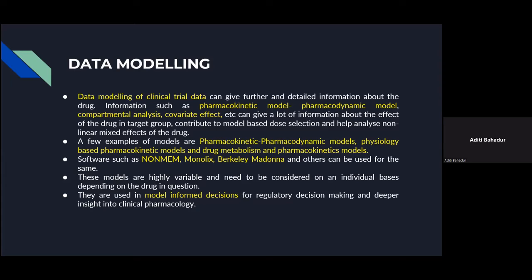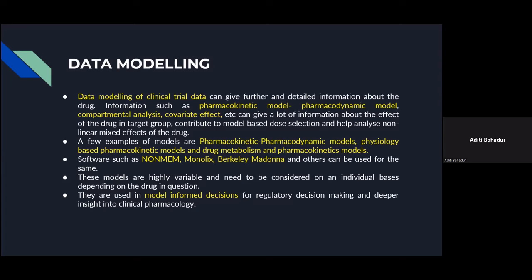But maybe you would have a question as to why you would need a data model, or why is it more beneficial than only statistical analysis. And the answer to that is that oftentimes clinical data can be very complicated, and they have a lot of mixed effects which are not linear. So the key word here is non-linear mixed effects, which can make the data analysis very difficult to come to a statistical decision.